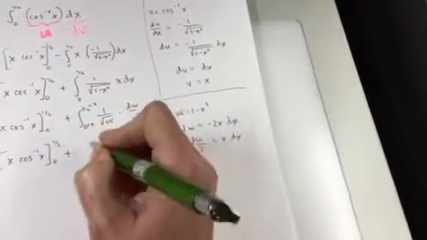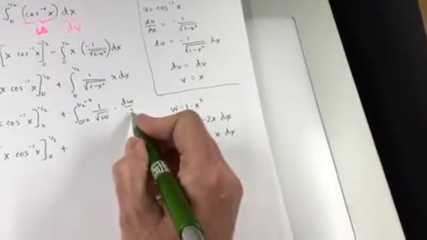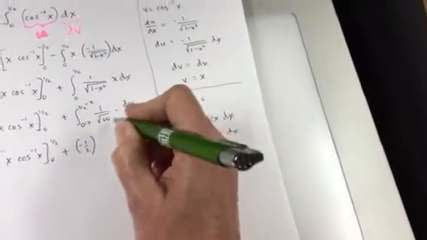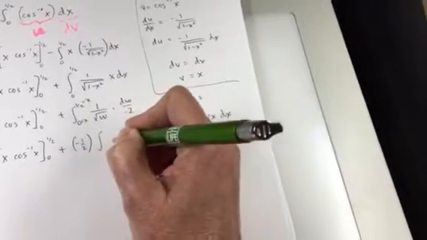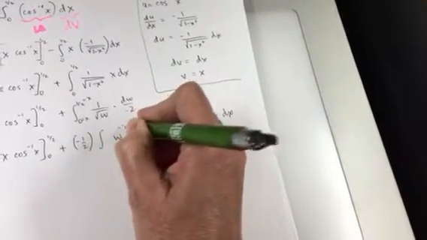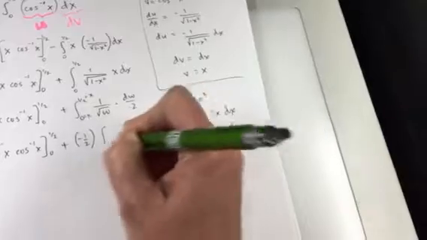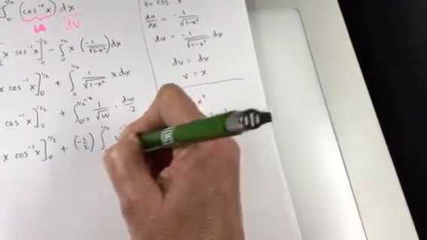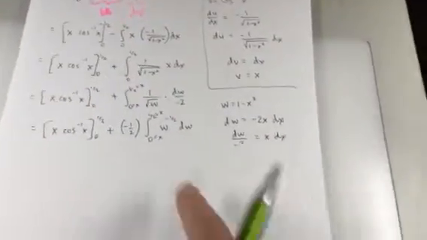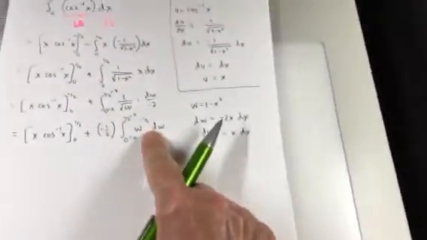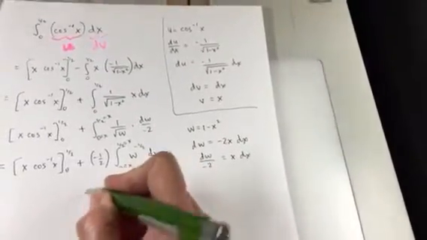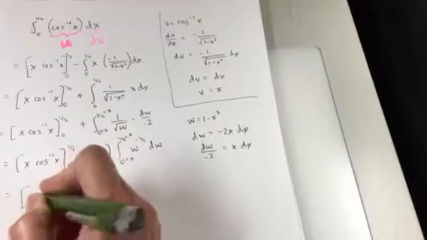plus, I told you I write a lot of steps. Let me pull out that negative 1/2. And this is going to be the integral of w to the negative 1/2 dw. Again, those are values for x. What's the antiderivative of w to the negative 1/2 dw?